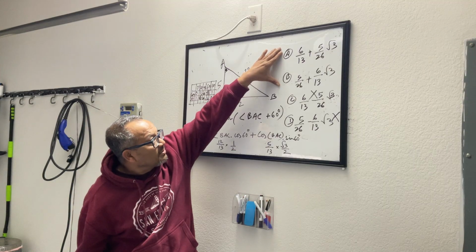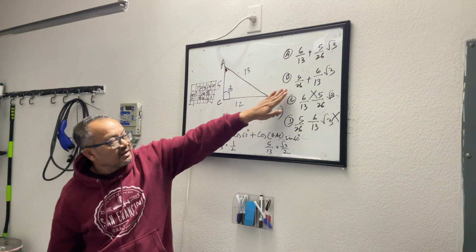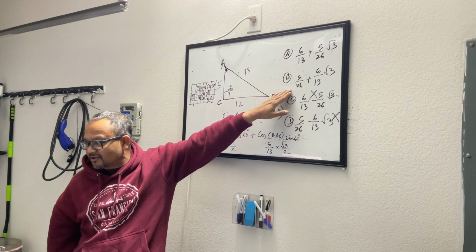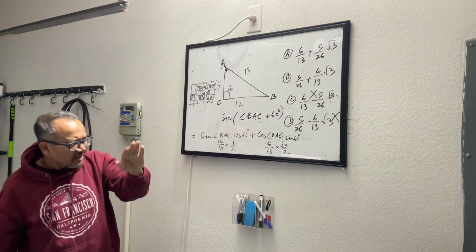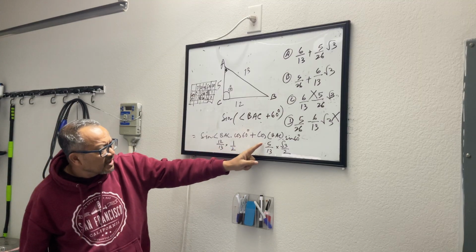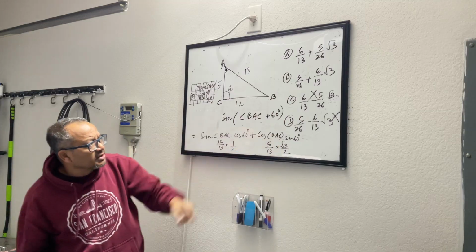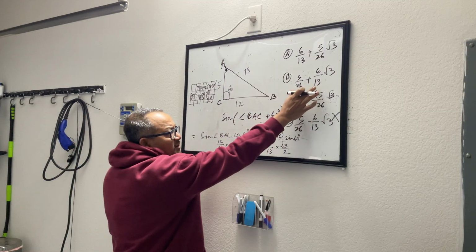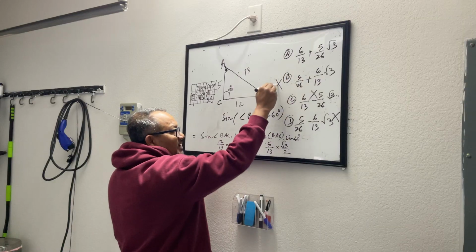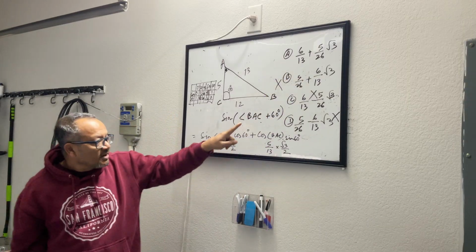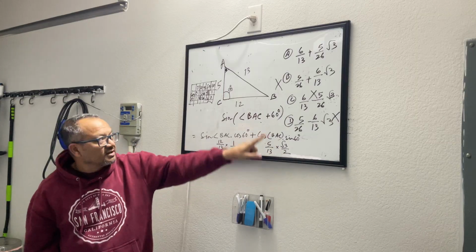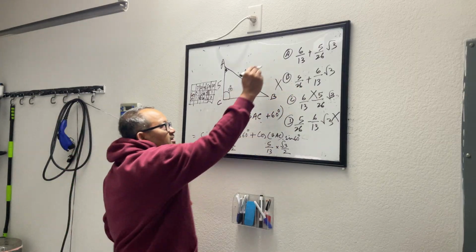My first term is 6 over 13. This one doesn't seem to be an option. Option D is also ruled out. Just to be doubly sure, you put the numbers here, and you say it's 5 over 26 into root 3. In option 2, they have flipped the fraction. This is not correct. It has to be 6 over 13 plus 5 root 3 by 26. They have just flipped it here. So I'll go with this one.